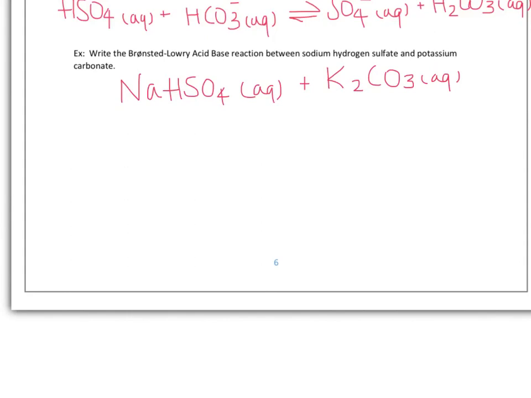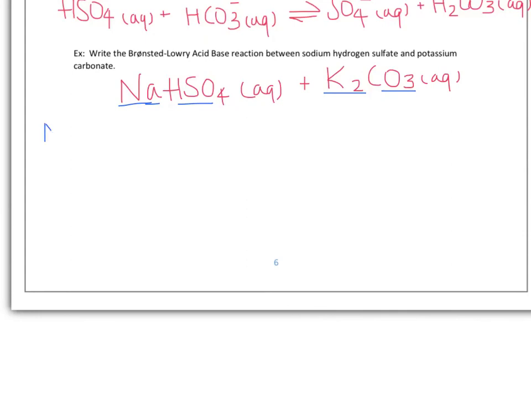Step number 1 is to write the species as they exist in aqueous environment. Notice that sodium hydrogen sulfate contains a metal and a nonmetal, and potassium carbonate also contains a metal and a nonmetal. This means that these two compounds are ionic and in aqueous environment will break into their component ions.